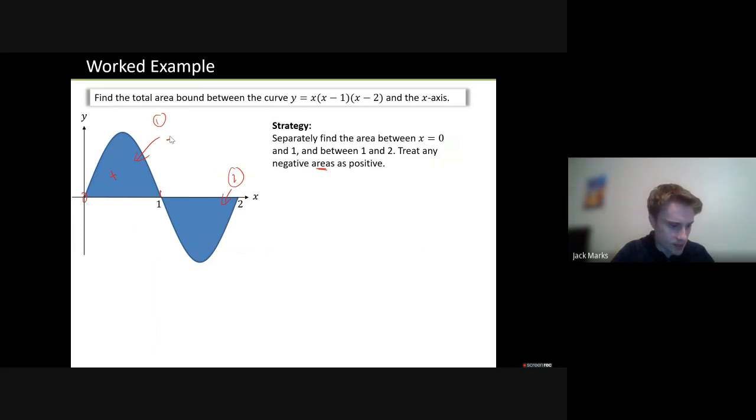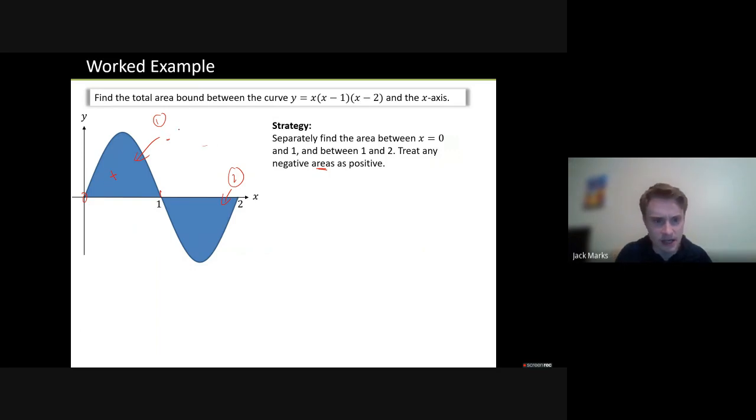So if I integrate x multiplied by x minus 1 multiplied by x minus 2, if I integrate that whole thing between 1 and 0, I haven't done it correctly. Why not? x multiplied by x minus 1 multiplied by x minus 2. Let me just quickly see if I can fix that. Okay, well, let's just pretend.